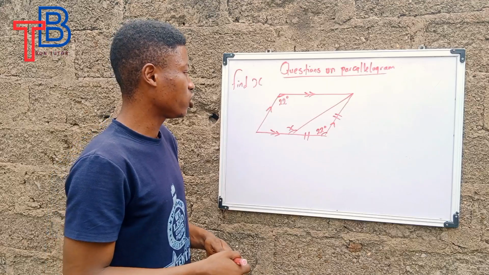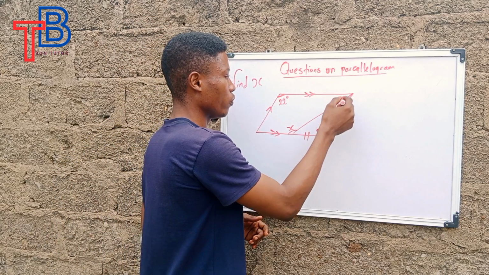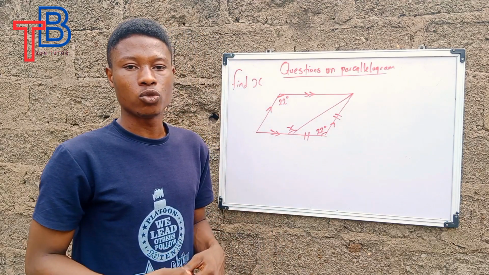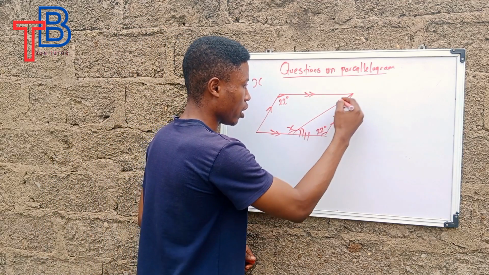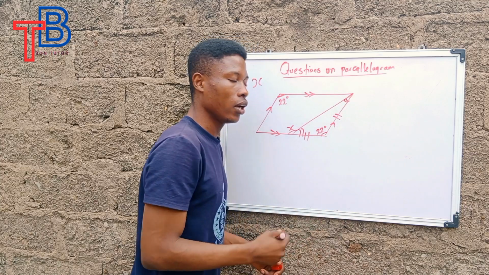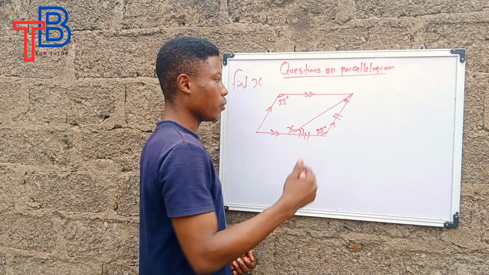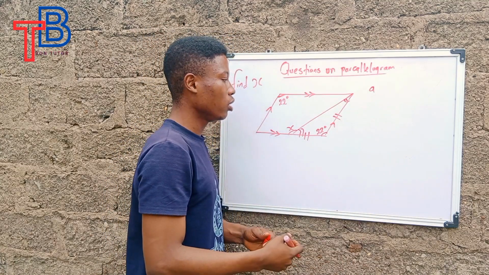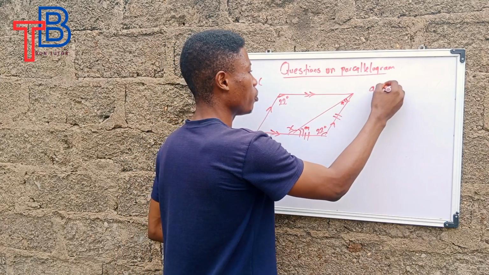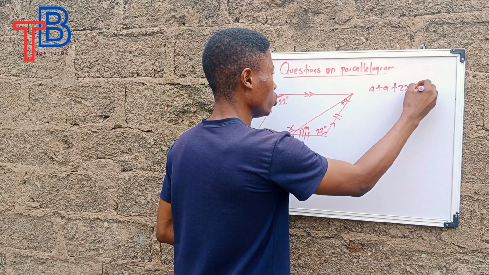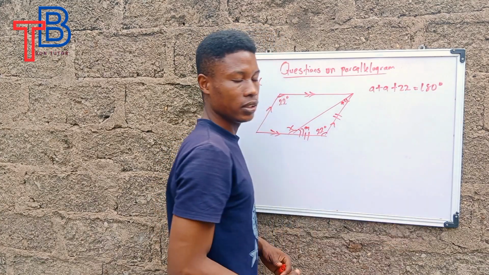And in an isosceles triangle, the two angles facing the two equal sides are also equal, which means the angle here will be equal to the angle here. Let's call them a. And if here is a and here is a, that means a plus a plus 22 is equal to 180 degrees.